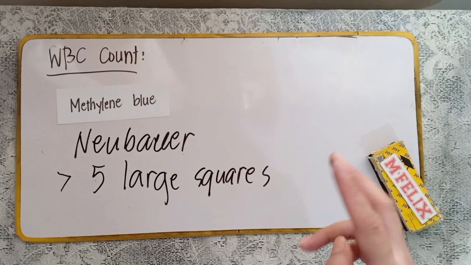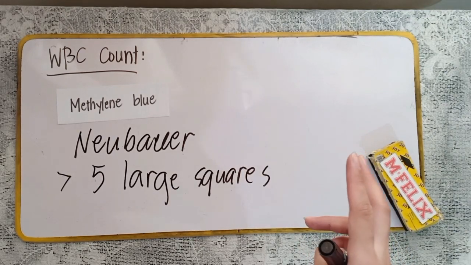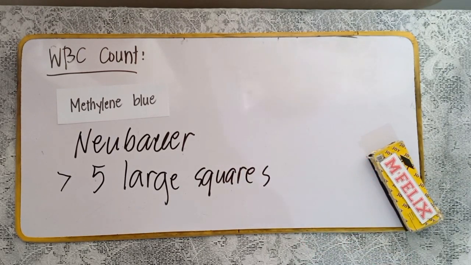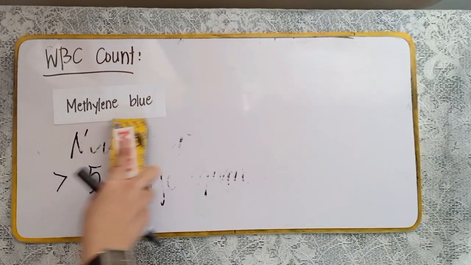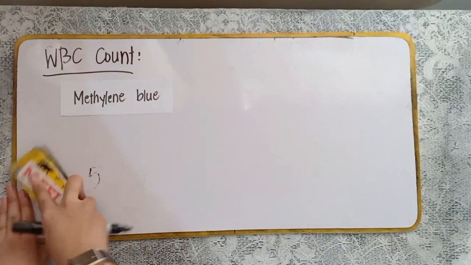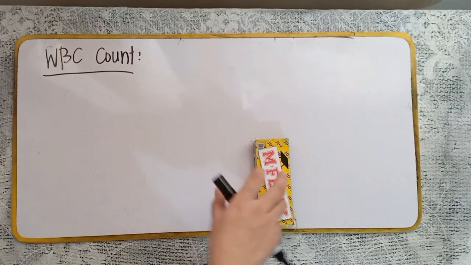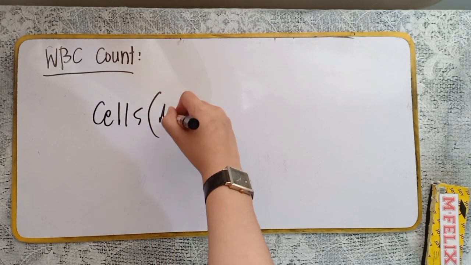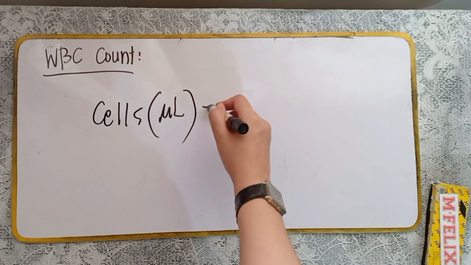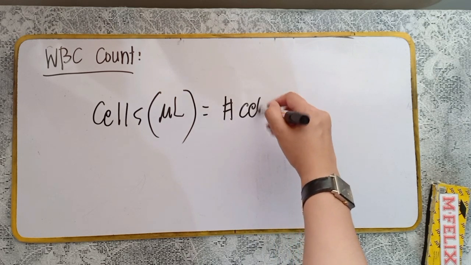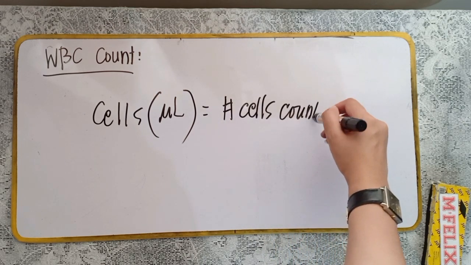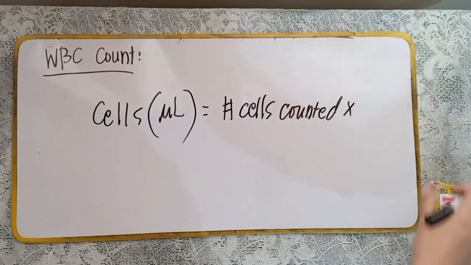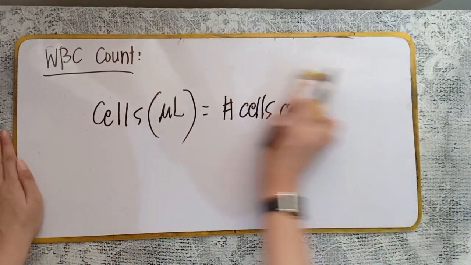Now, if a different number of squares is counted, the standard Neubauer formula should be used to obtain the number of cells per microliter. So for our formula, ganito yung ating formula. Sulat lang natin. Total cells per microliter ang ating unit.